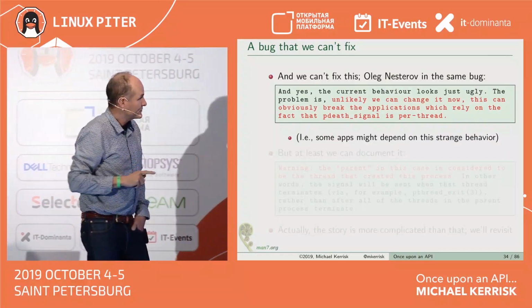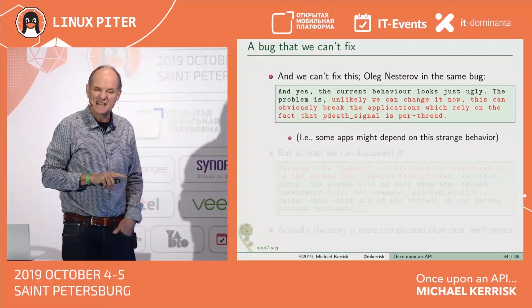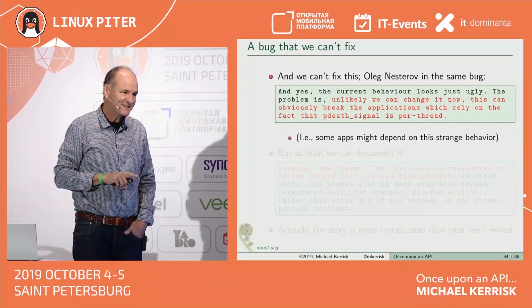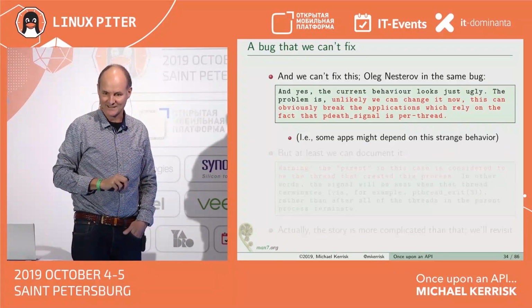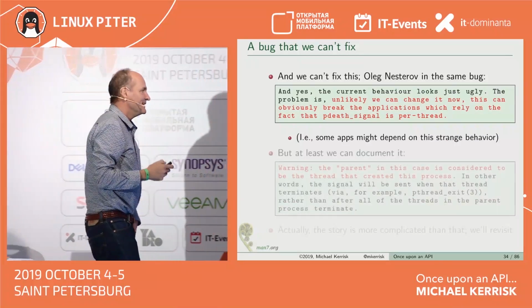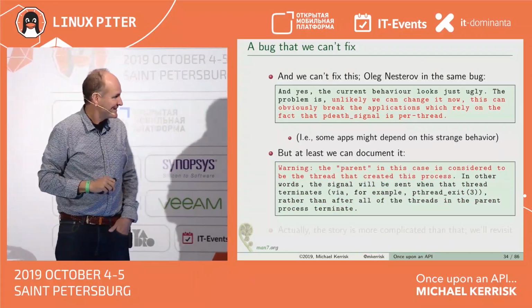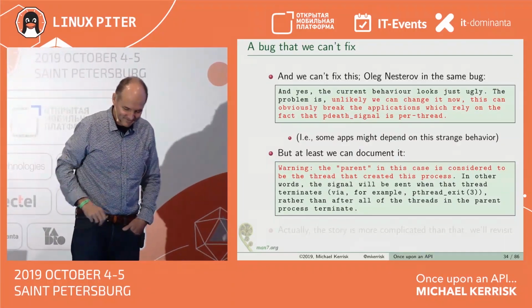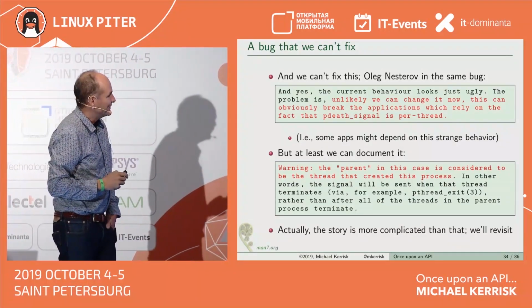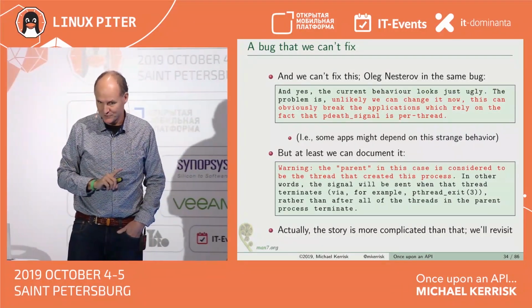This is Oleg Nesterov in the same bug report saying, yeah, this is ugly, but we can't fix it because there might be other programs out there that depend on the ugliness. At least we can document it, okay? The story's actually even a bit worse than this, and I'm going to come back to it.